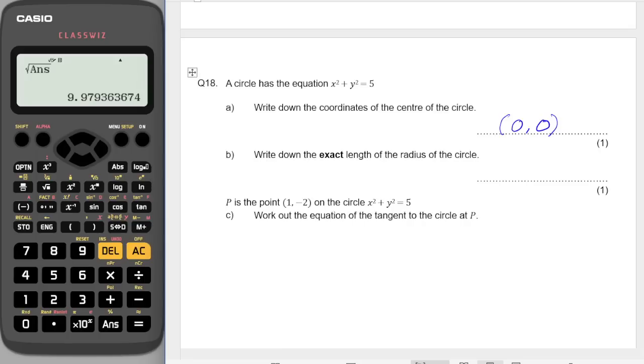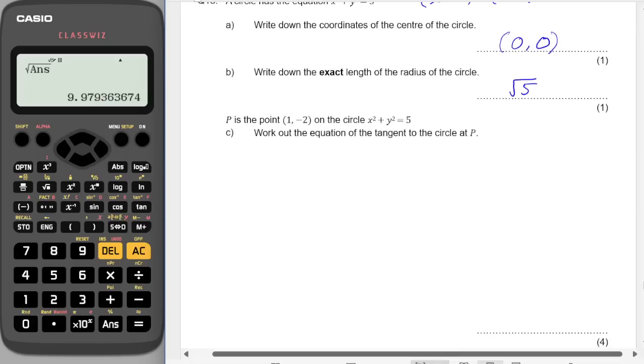So for a typical circle, just to explain this in a bit more detail, that's technically the equation of a circle, and this is our centre point, so that's 0, 0. So the radius is going to be equal to the square root of 5. So root 5 is the exact value.